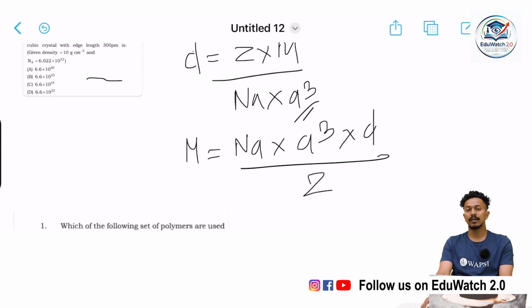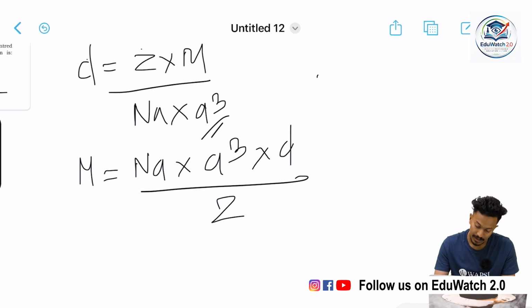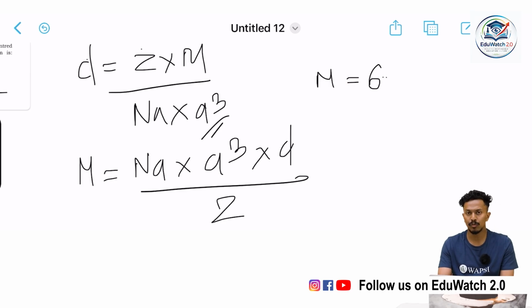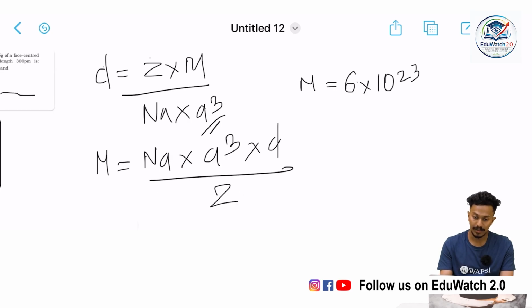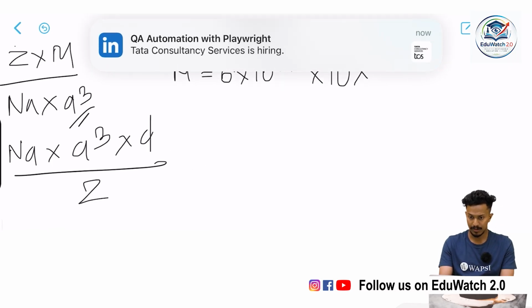In a face-centered crystal the number of atoms per unit cell is 4. So the Z value for this equation would be 4, and by stating that we could say that M is equal to Na, Avogadro number, 6.022, which we could approximately write as 6 into 10 raised to 23, into density 10, into the edge length a, which is 300 picometer.